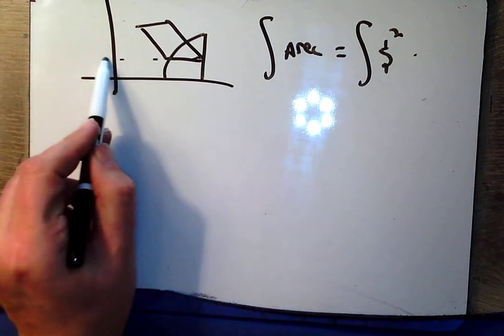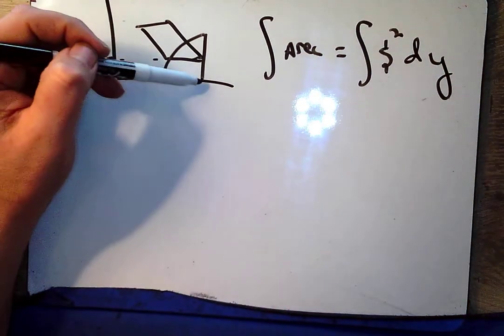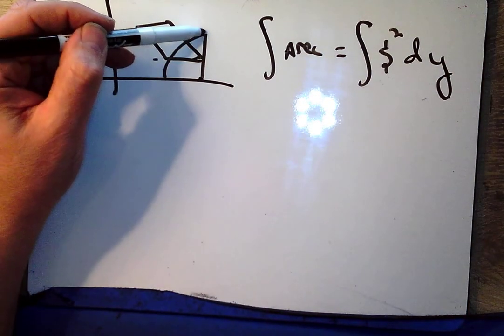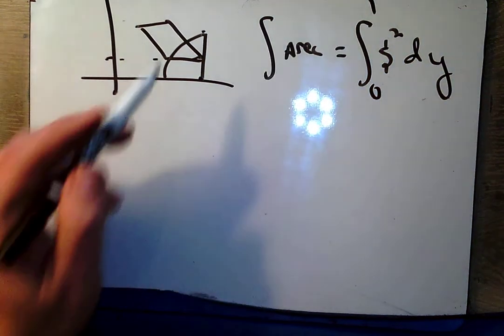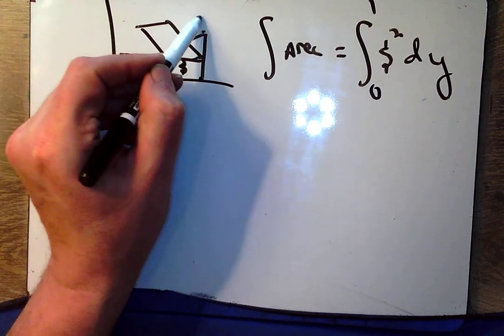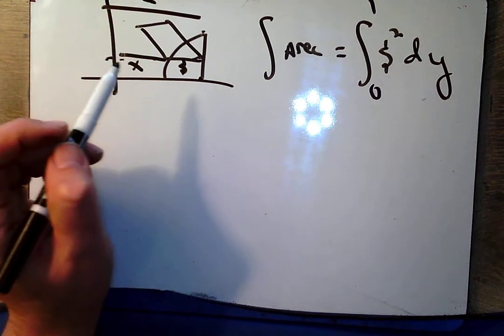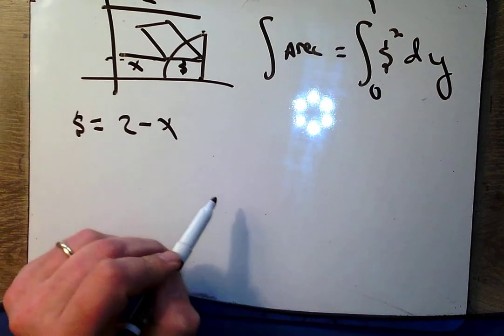This time, the thickness is a dy thickness. And so I want to integrate from this y value to this y value. And that's going to be from 0 to 1. Now, s is this amount. This is x, and this is 2. So we can say that s equals 2 minus x.